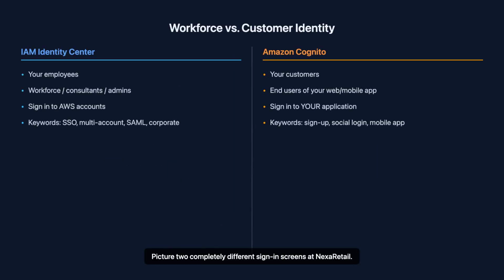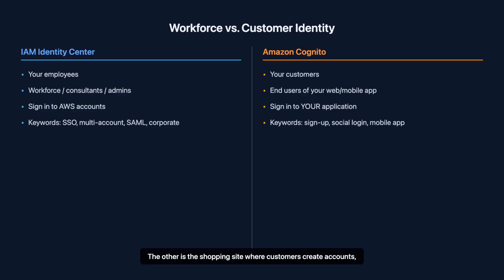Picture two completely different sign-in screens at Nexa Retail. One is the internal portal where engineers and analysts log in to reach Amazon Web Services accounts. That's IAM Identity Center on the left, tied to the corporate directory, scoped to workforce, consultants, and admins, with cues like single sign-on, multi-account, SAML, and corporate directory.